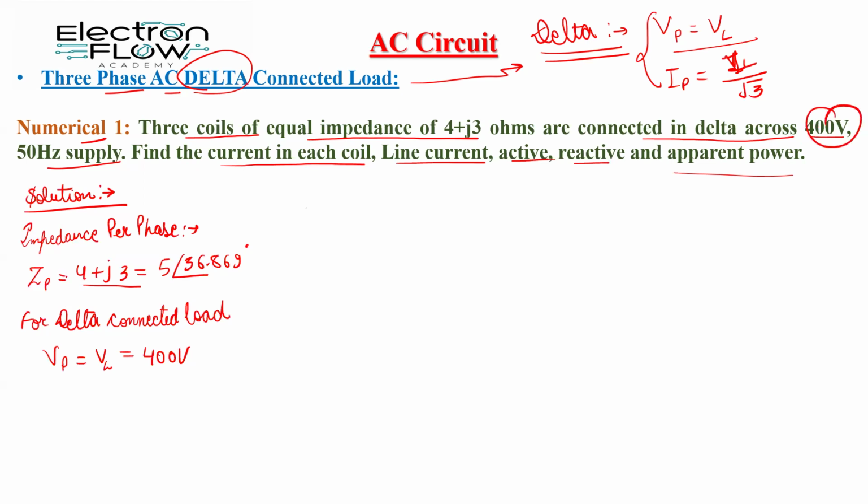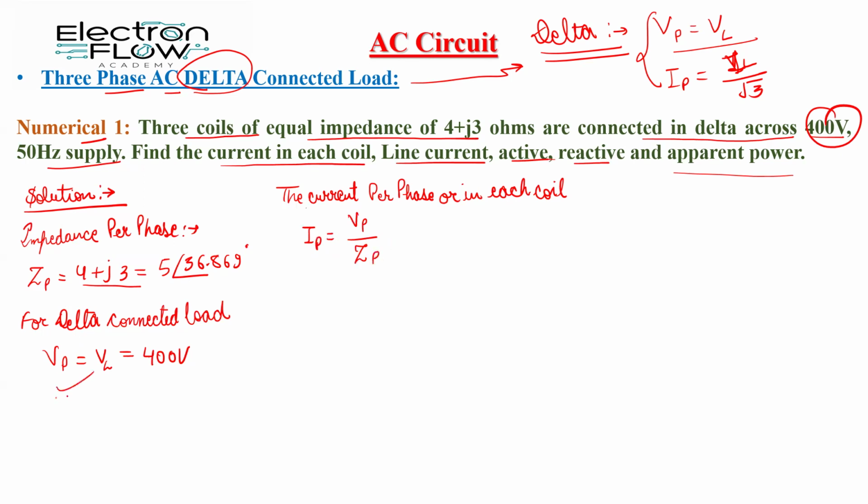Therefore, the current per phase in each coil is given by IP equal to phase voltage divided by phase impedance.